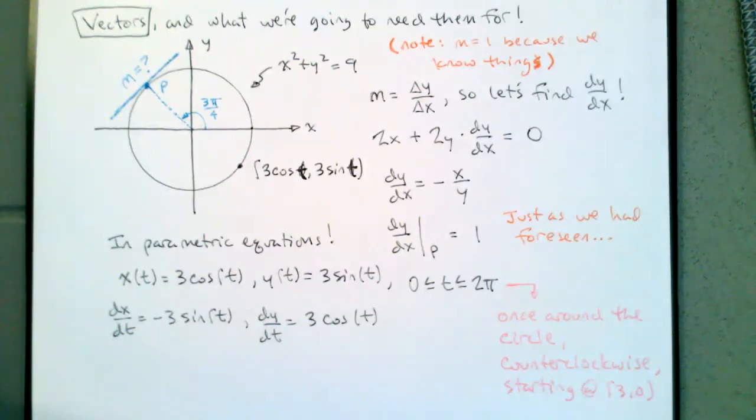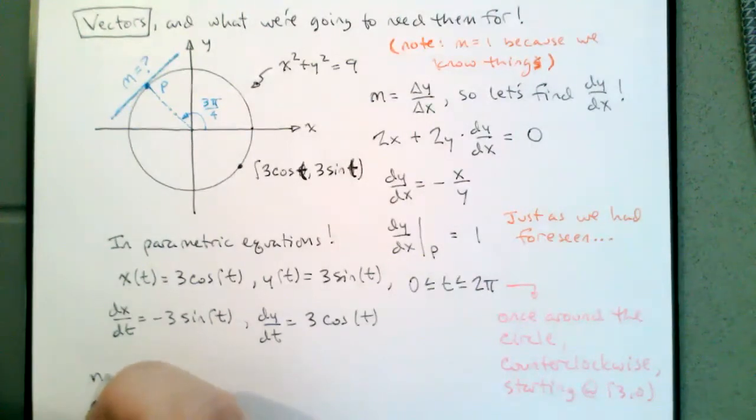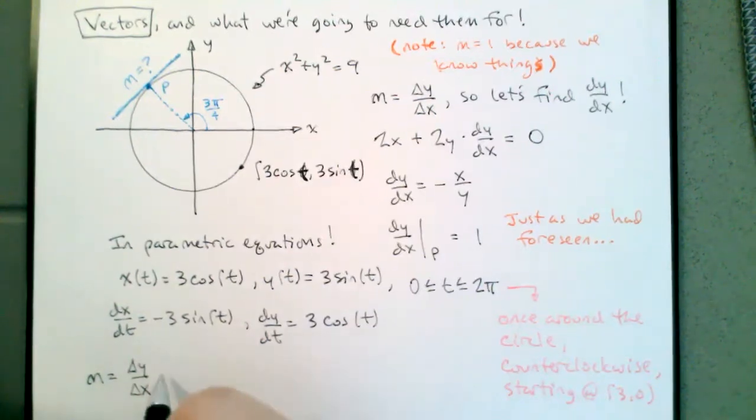So now we can calculate the slope by looking at dy over dx. I can just divide dy/dt by dx/dt and plug in the value of t that we're interested in. So our slope is still dy over dx. If I divide dy/dt by dx/dt, that'll give us the dy/dx that we're looking for.